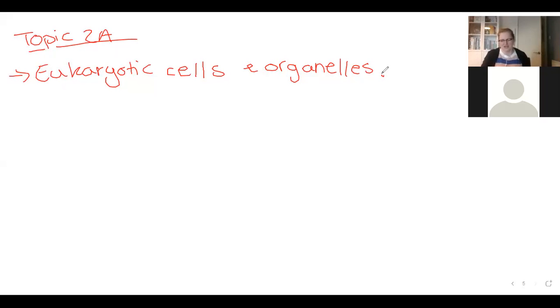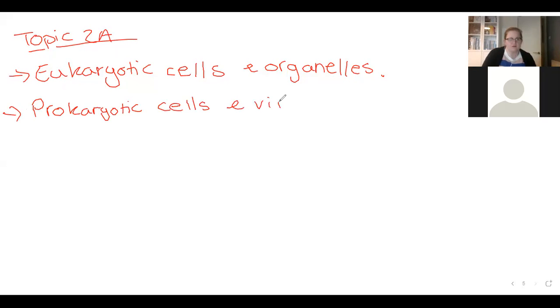Eukaryotic cells actually have loads more organelles in there than what we've talked about in the past at GCSE. And then unsurprisingly, we do prokaryotic cells, and they are the same issue. We've got loads more organelles in them than we've talked about. So we've got prokaryotic cells, and we also look at viruses again.